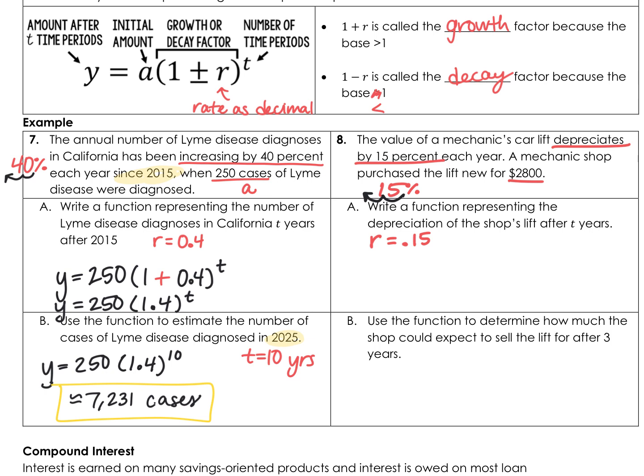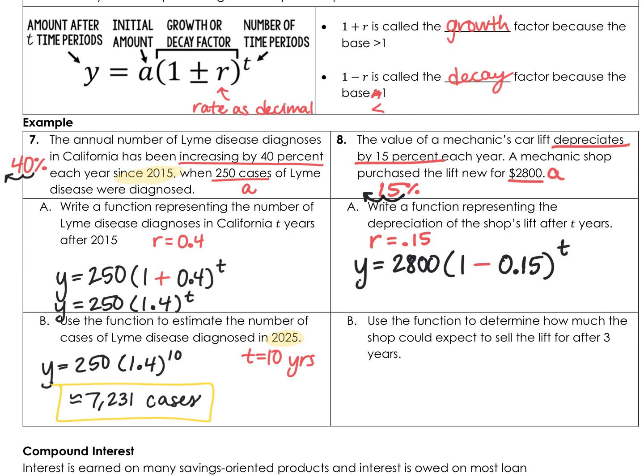The A value, or the starting amount, is 2,800. Okay, so y is equal to my starting amount, 2,800. I am depreciating or losing value, so I'm going to do 1 minus the rate, which is 0.15, putting a 0 on front just to make sure we're not confused. And we're not doing anything for time yet, so we'll put t.